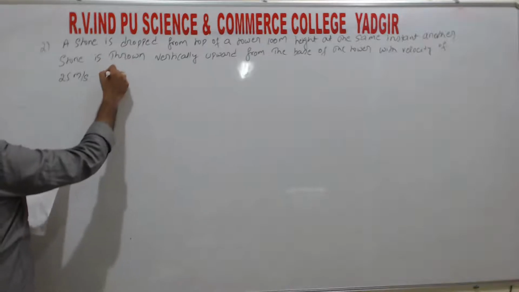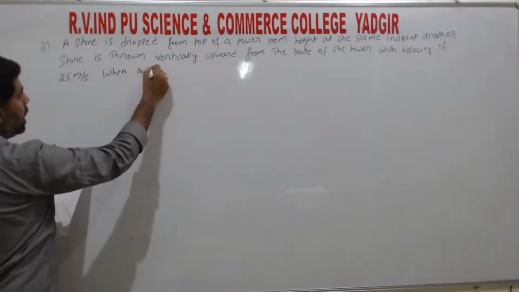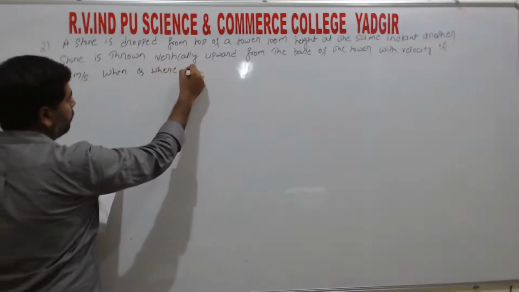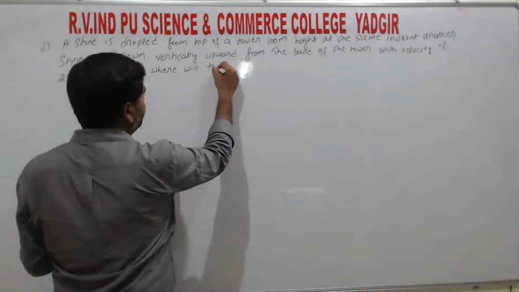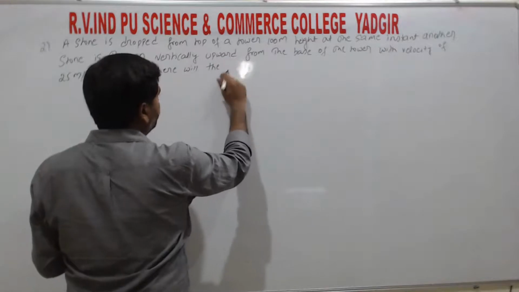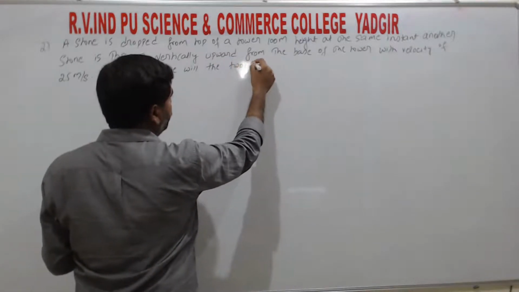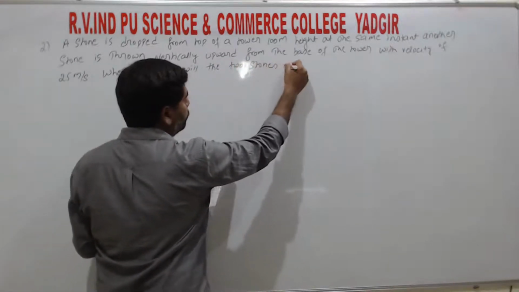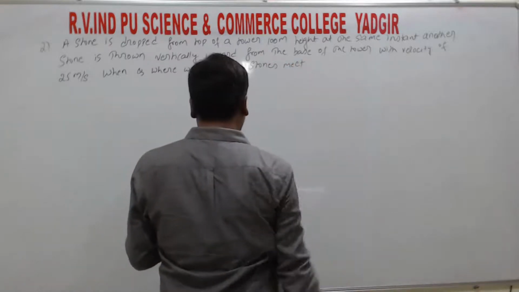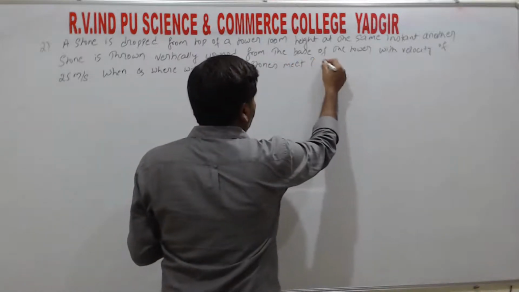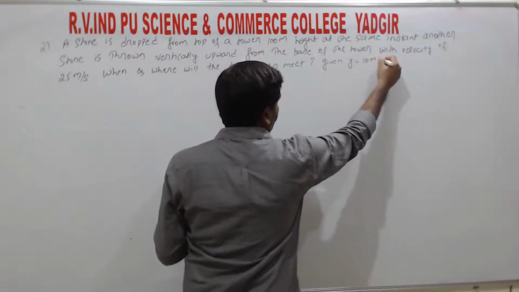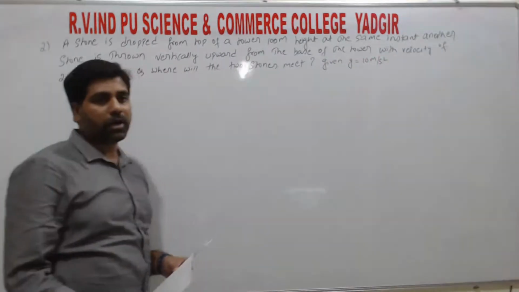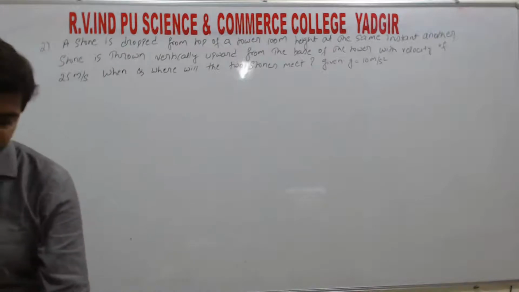When and where will the two stones meet? Given g is equal to 10 meter per second square, right? So this is the question.